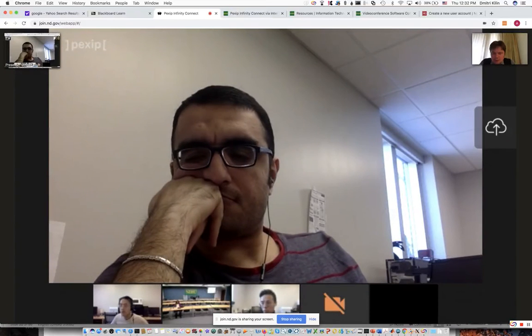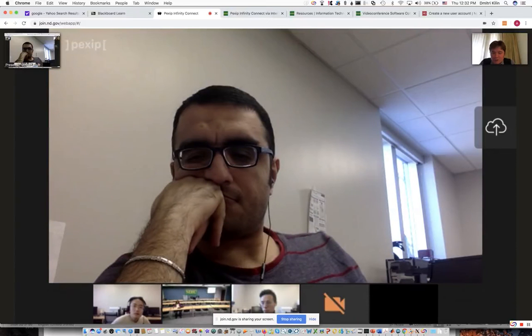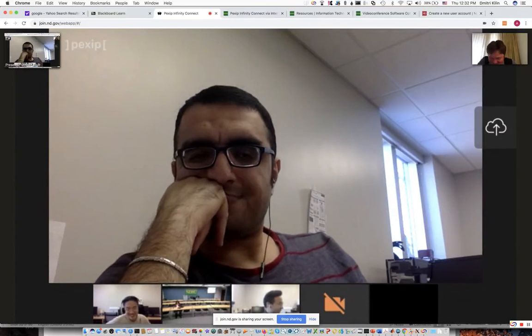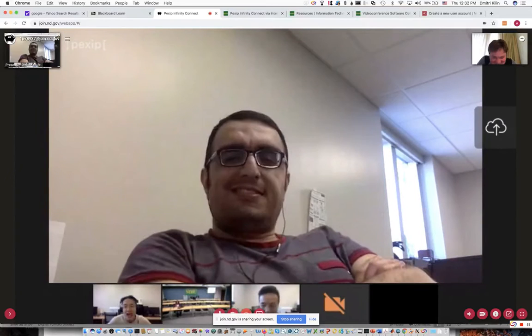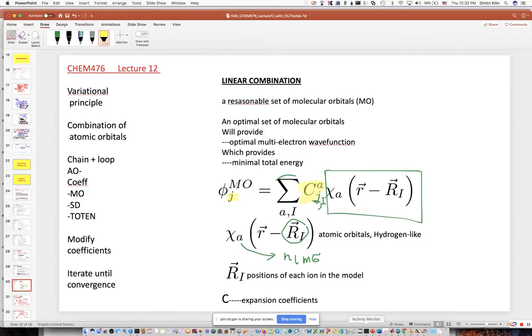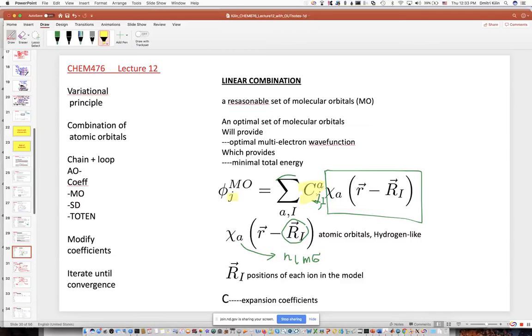Very soon we will set up a procedure that will optimize these C coefficients, and it will be very similar to the optimization procedure for geometry, but instead of atomic coordinates, we will optimize these expansion coefficients in front of atomic wave functions.